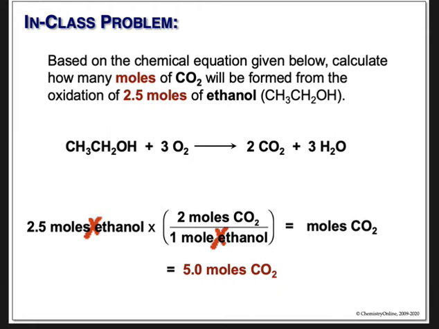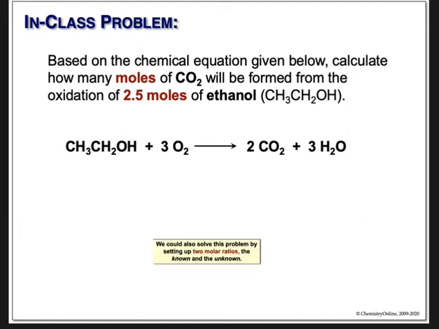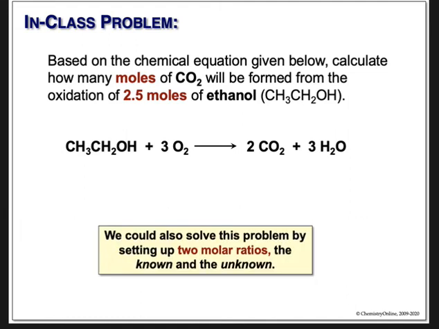Now there's another way, because you're getting more sophisticated in your chemistry. There's a simpler way to actually do these problems without writing out this full equation. And that is, instead of doing the given find, we're going to do just more ratios. A known ratio and unknown ratio.